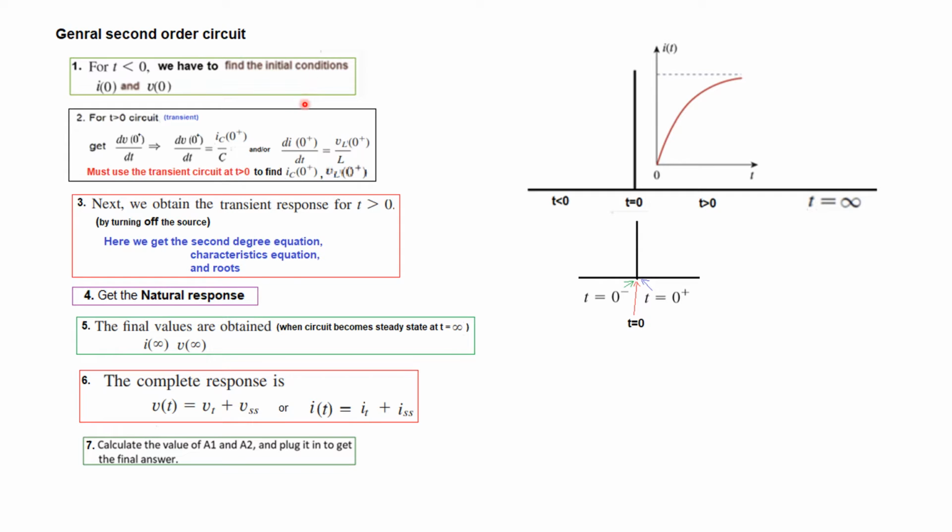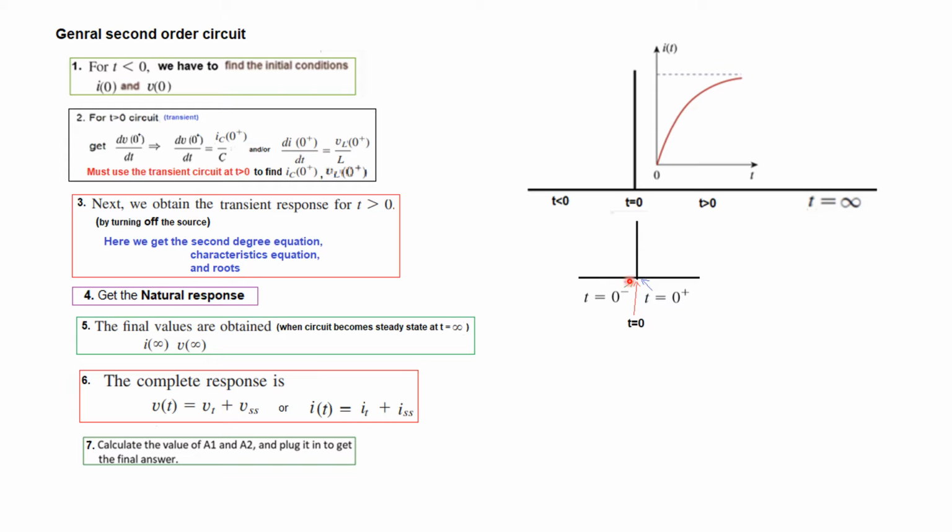We'll be following these 6-7 steps, and these steps go from left to right in this sequence. If you recall the time diagram that we had studied, this is t less than 0, this is t equal to 0, and in this we have two parameters: one for t equal to 0 minus, and then t equal to 0 plus.